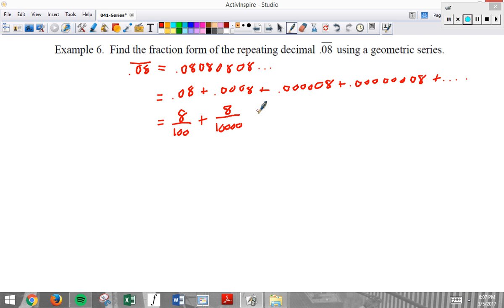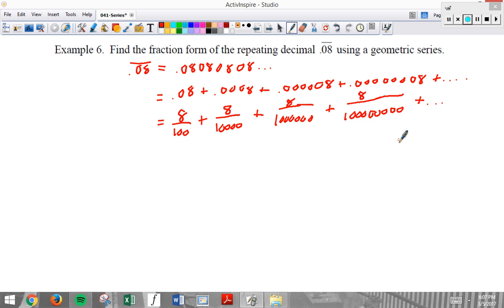This is 8 with 6 zeros, then 8 zeros, $100 million.